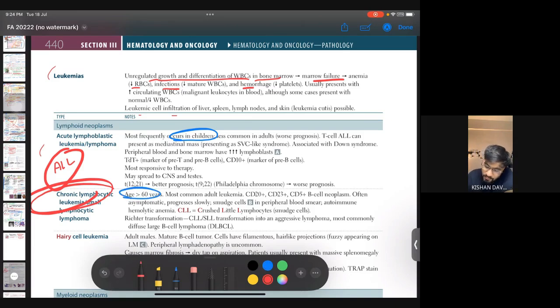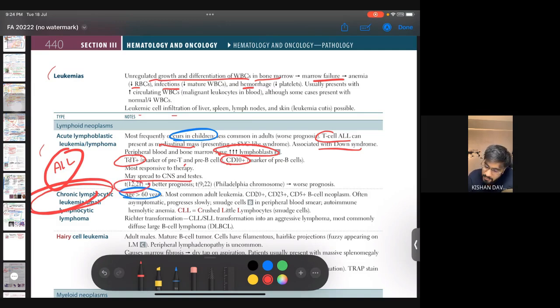Coming to what it can be, T cell ALL can present as a mediastinal mass and is associated with Down syndrome. Peripheral blood and bone marrow have an increase in lymphoblasts. This is about T cell ALL. One of the markers is TdT plus CD10 plus, and it may spread to the CNS and testis.